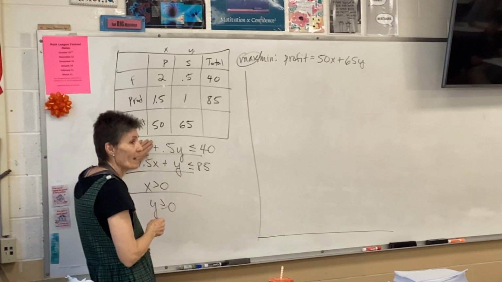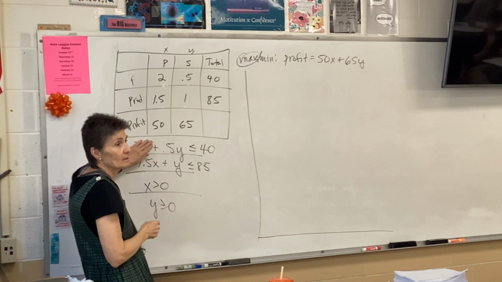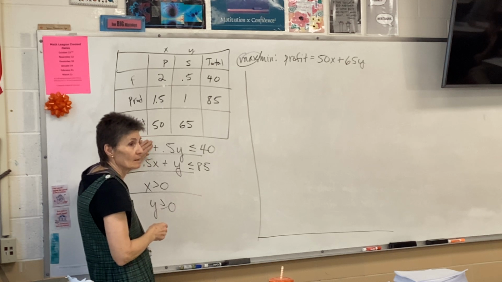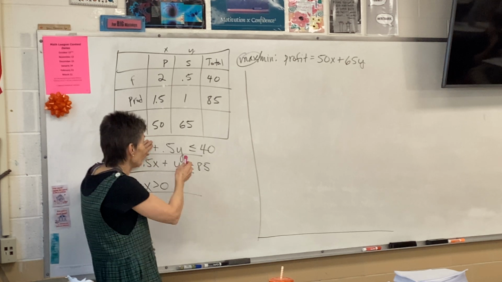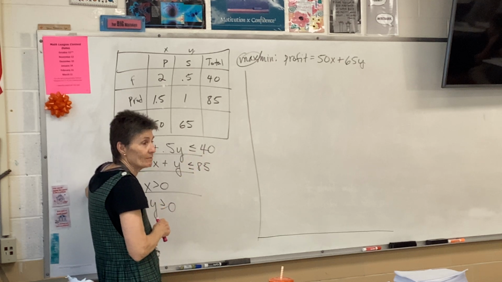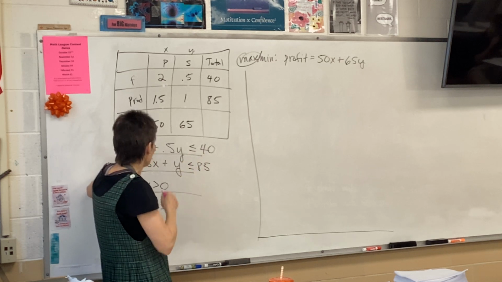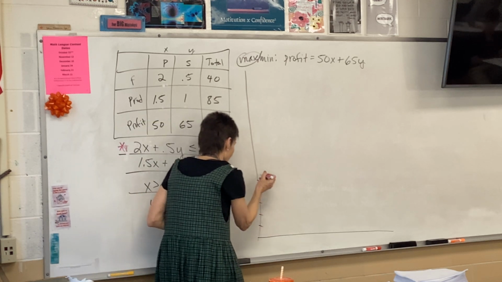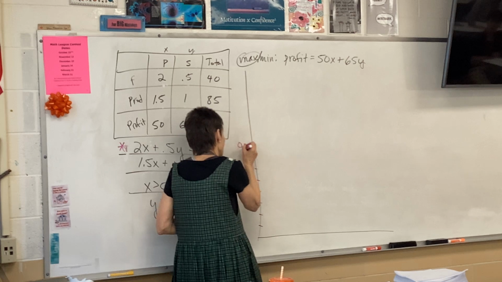So if I cover up x, what will y be? 80. What are you going to type into your calculator? 40 divided by 0.5. 80. So if x is 0, y is 80. So 1, 2, 3, 4, 5, 6, 7, 8. That's 80.